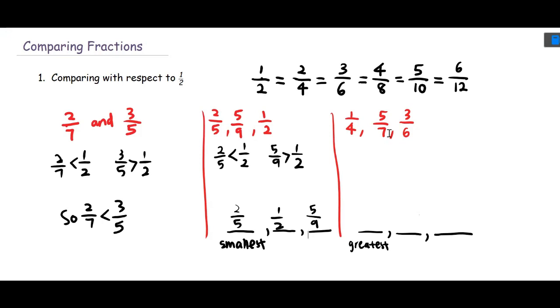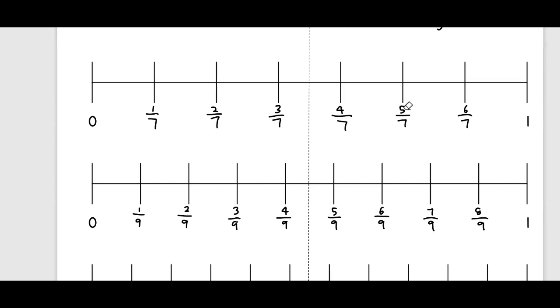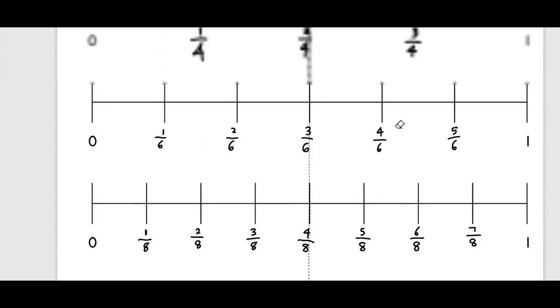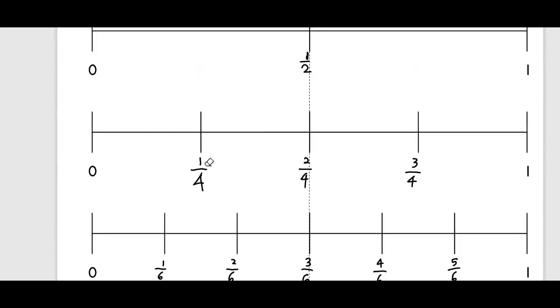So it doesn't matter, we can compare the other two fractions first, 1/4 and 5/7. 5/7, as we can tell, is on the right side of the vertical dotted line, which means that 5/7 is greater than half. 1/4 has an even denominator and it is on the left side of the vertical dotted line. So it is less than half.